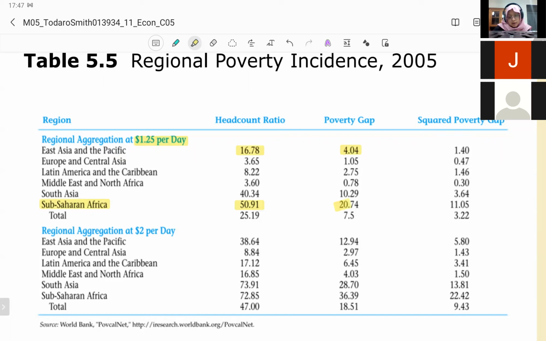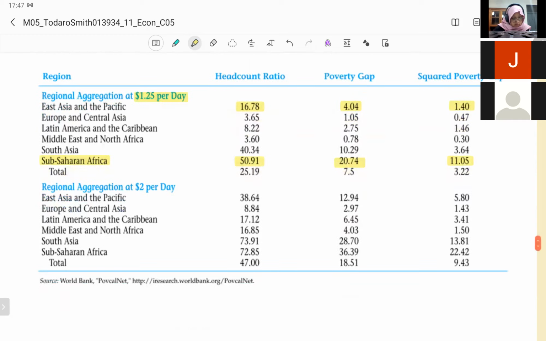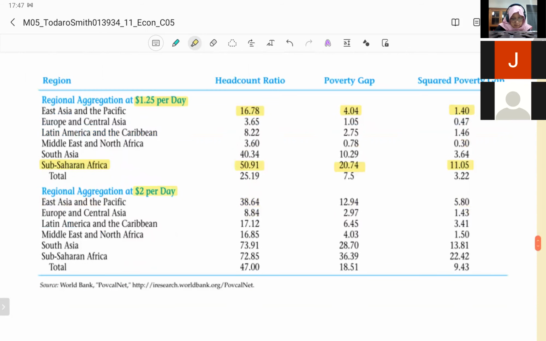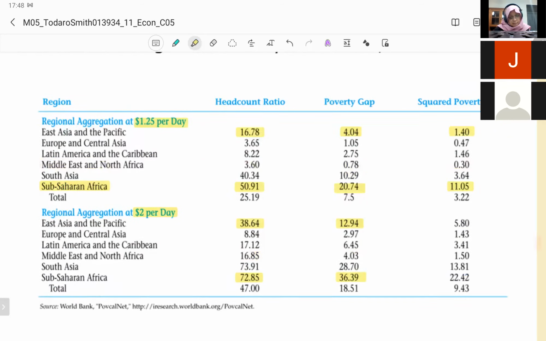Meanwhile, in Sub-Saharan Africa, it's higher. The squared poverty gap is 1.4 versus 11. Meanwhile, if we use the $2 per day, in East Asia and Pacific, the headcount is about 38%. The poverty gap is about 13, because it's 12.9. Meanwhile, in Sub-Saharan Africa, it's 72, and the poverty gap is 36. Okay.